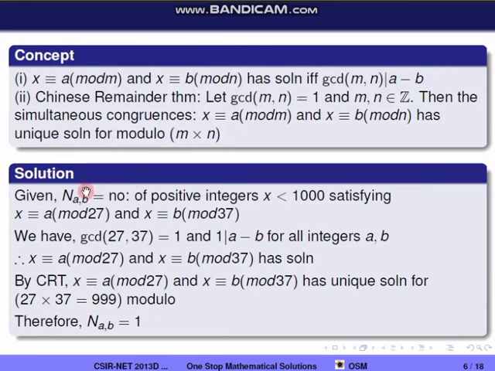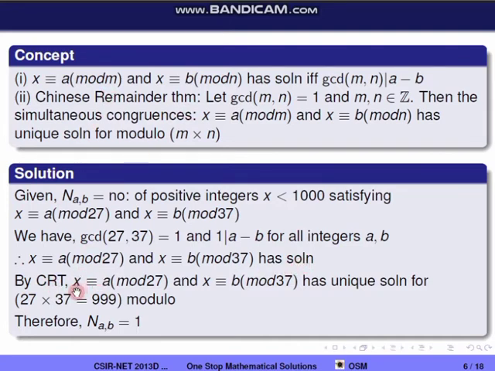So they are given N(a,b) is equal to the number of positive integers x less than 1000 satisfying x congruent to a mod 27 and x congruent to b mod 37. We have GCD of 27 and 37 is equal to 1, and 1 divides a minus b for all integers a, b. So using the first concept, the congruence relation has a solution.